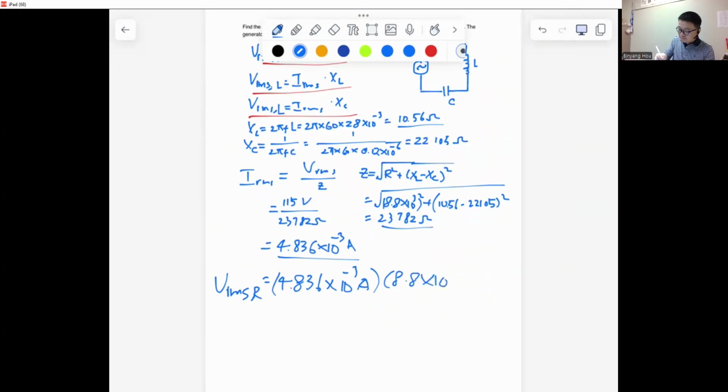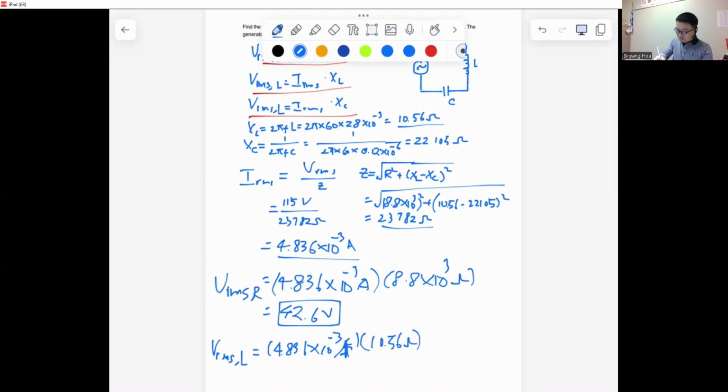So that gives us 42.6 volts on the R. And on the L it should be the IRMS we got again, 10^-3 amps, times the XL, which is 10.56 ohms. So this gives us just 0.0511 volts.